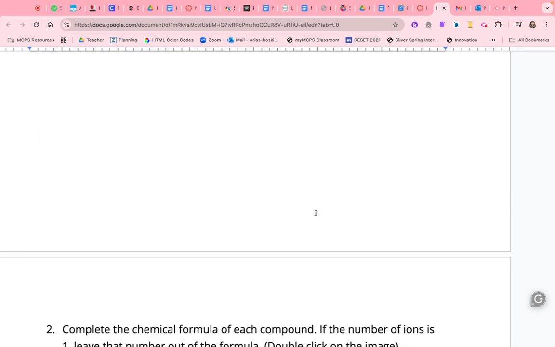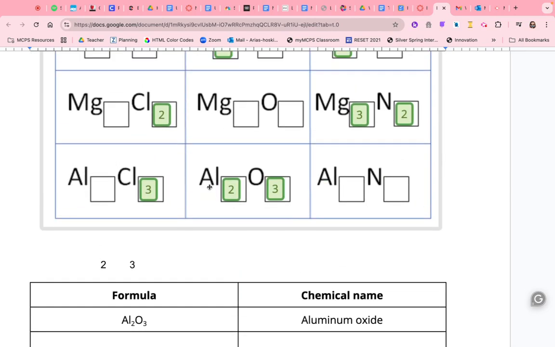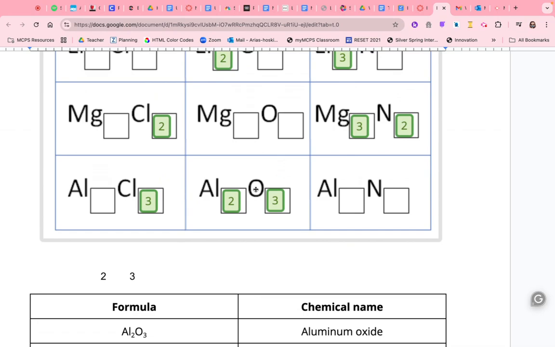So basically you put aluminum twice, and then you have 3 times of the oxygen, because the oxygen is 2 minus. So you have 2 minus 3 times equals 6, and then you have aluminum, which is 3 plus, twice, which is also 6, and that's the reason why they cancel each other.